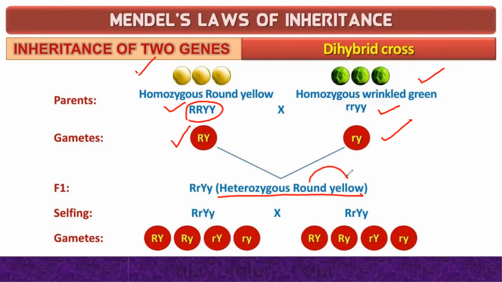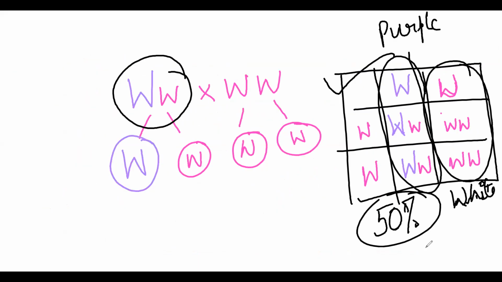When the self-cross was done between heterozygous round and yellow, the gametes that are formed are capital R capital Y, capital R small y, small r capital Y, and small r small y. If you remember the law of segregation, how do these form? Let's say these are the two chromosomes.